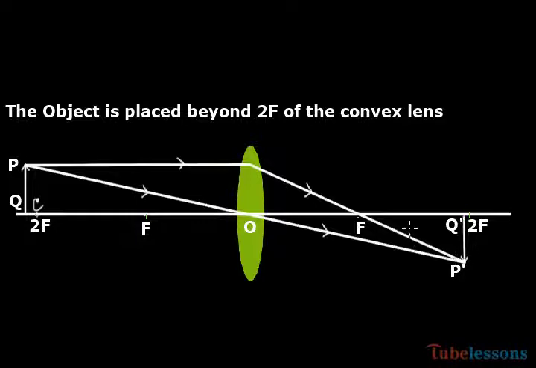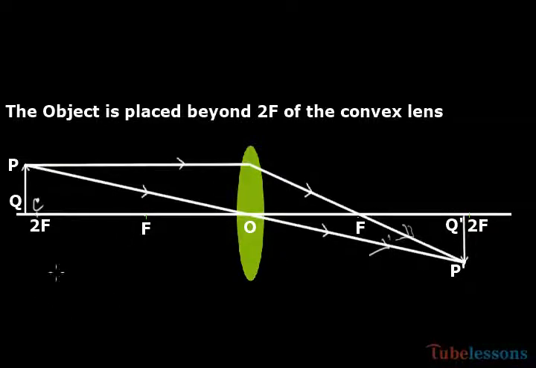So the image of P, P dash, is formed, and in the same way, total image of PQ will be formed at P dash Q dash.